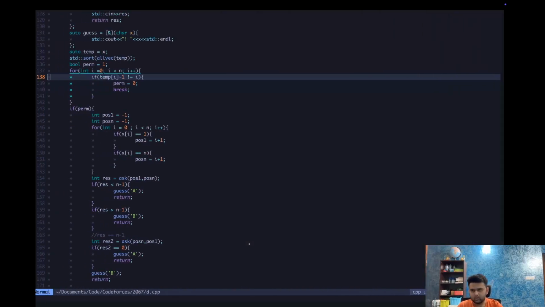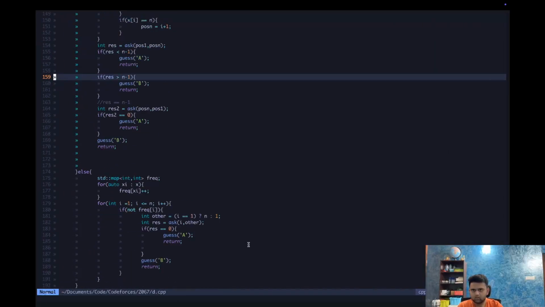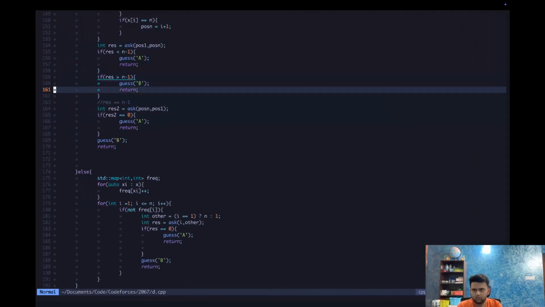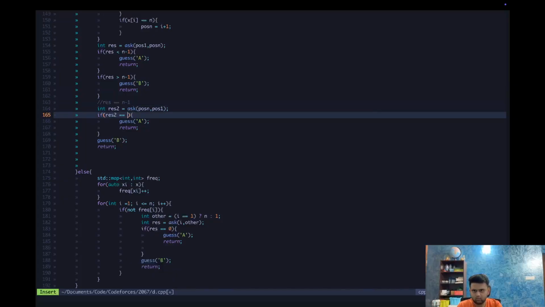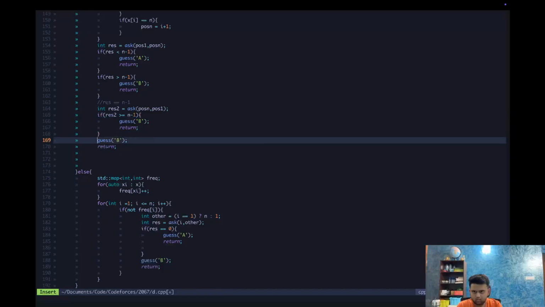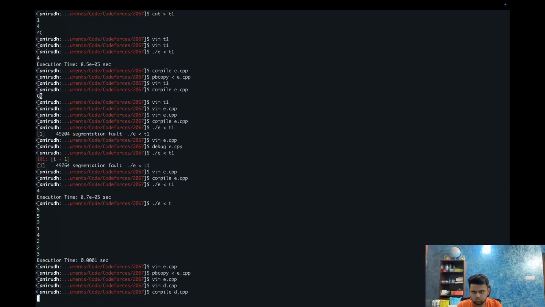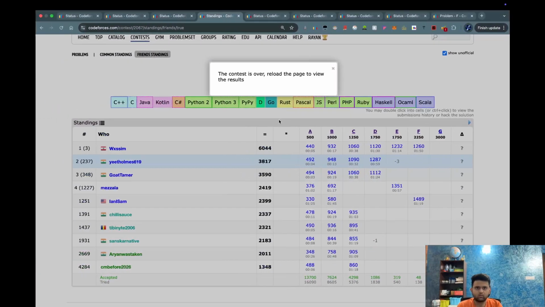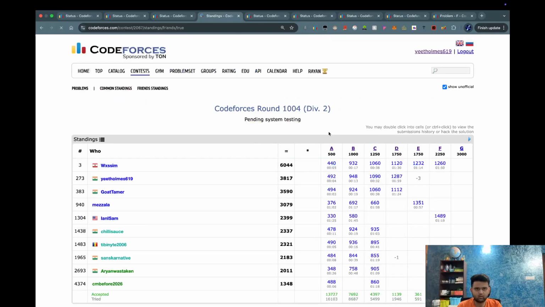So what do I check? Oh shit, if s2 is greater than or equal to n minus 1, guess B, otherwise guess A. Oh shit, I'm going to FST.